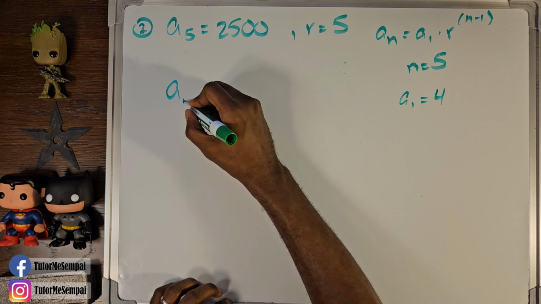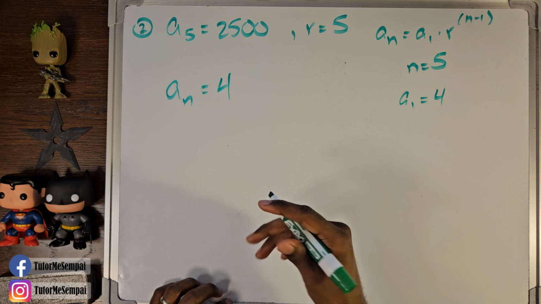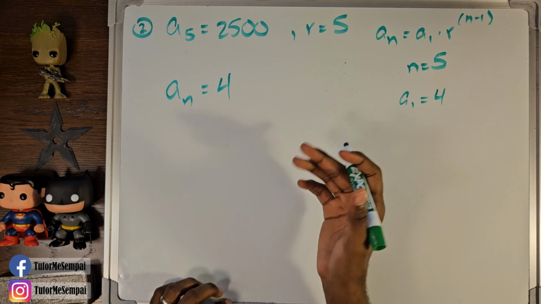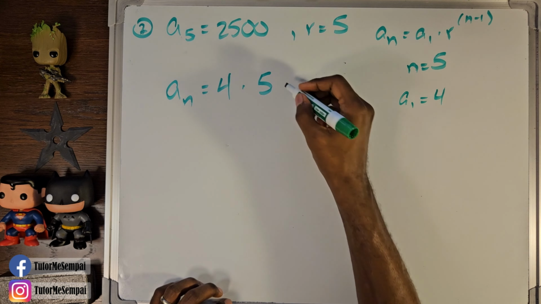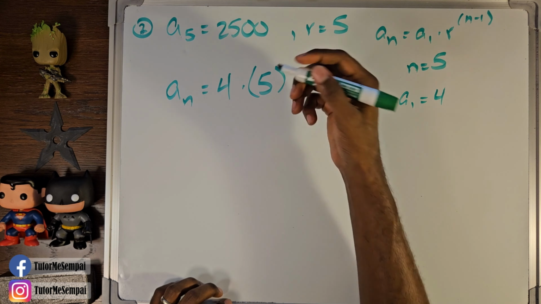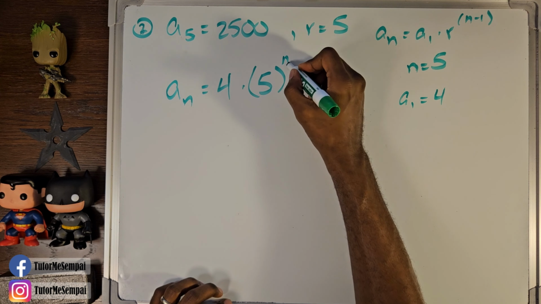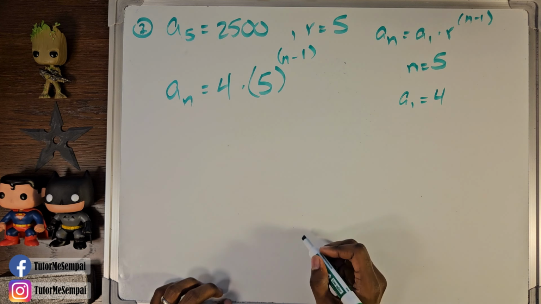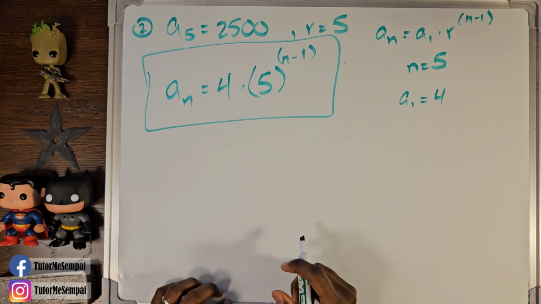That's going to be our a sub n equals a sub 1, which we now know to be 4. You don't have to put that in parentheses because there's no negative there. Times our r, which we know to be 5. I would recommend putting that in parentheses just to get into a good habit. To the n minus first power.